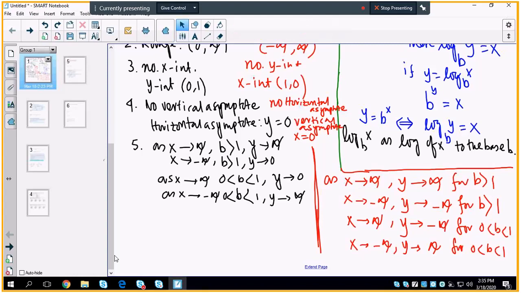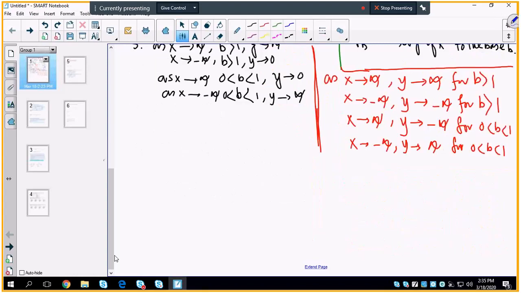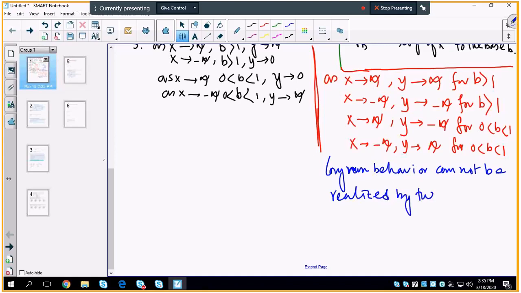So I will again put a note here saying that long run behavior cannot be realized by the interchange of the variables. It doesn't work that well.